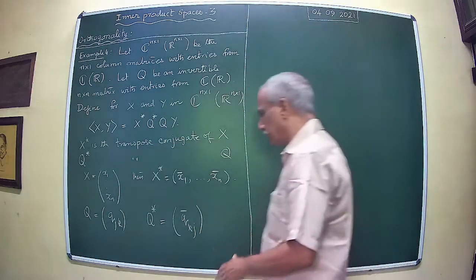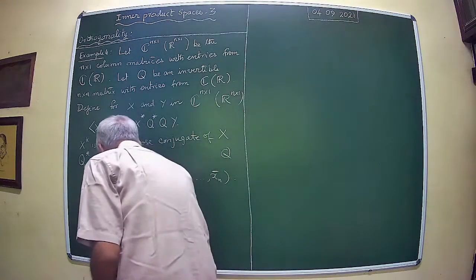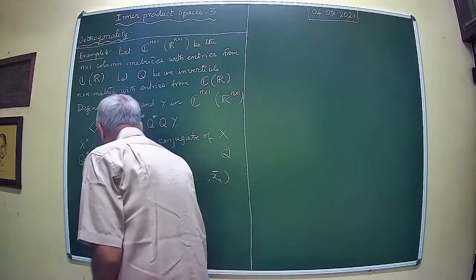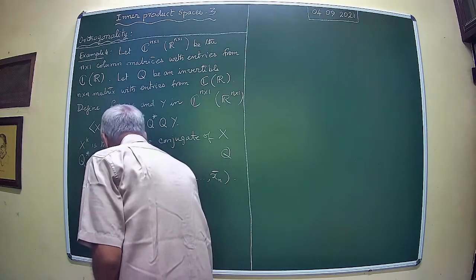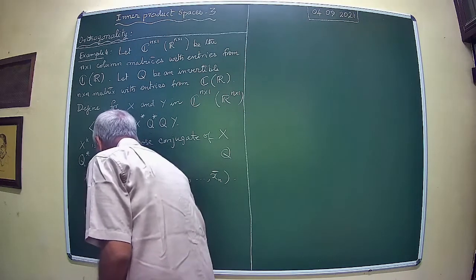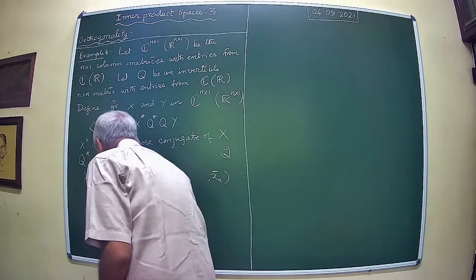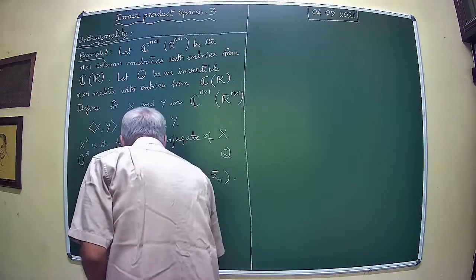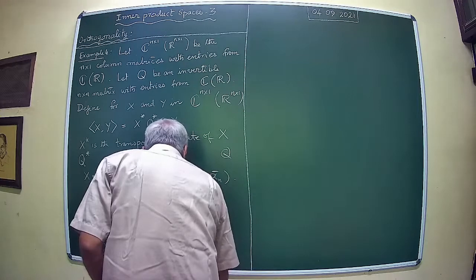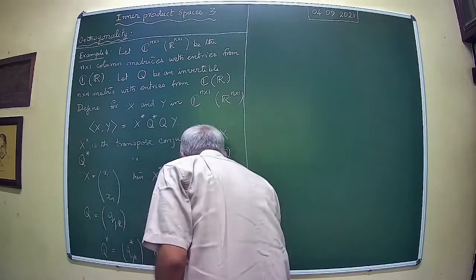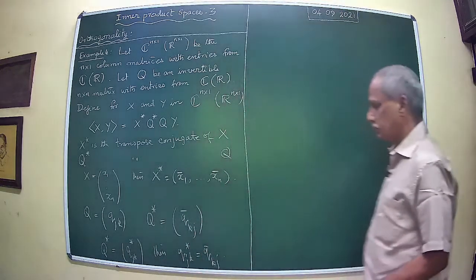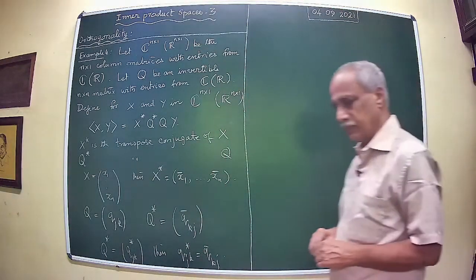That means, suppose we denote this by Q J K star, then it's a transpose conjugate that you have taken.